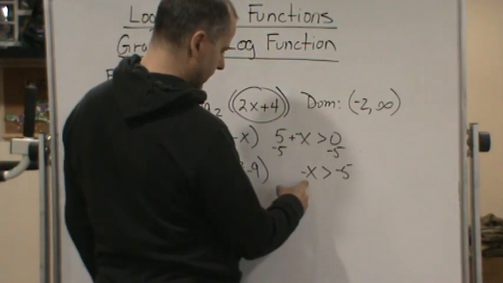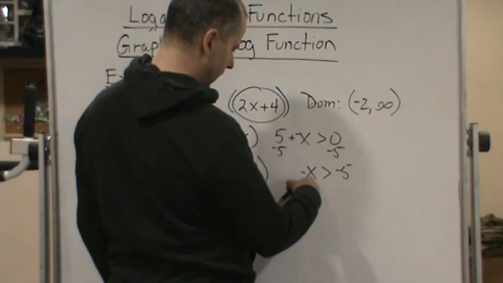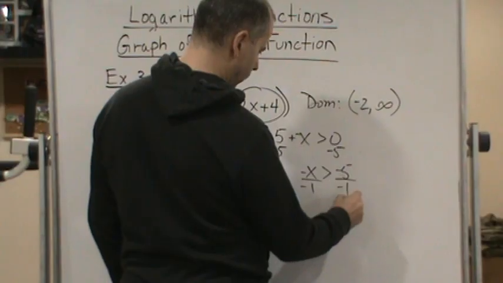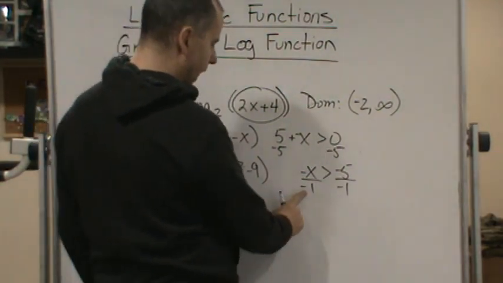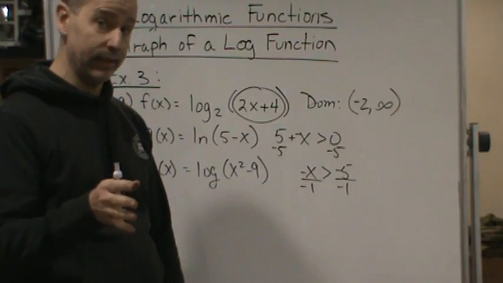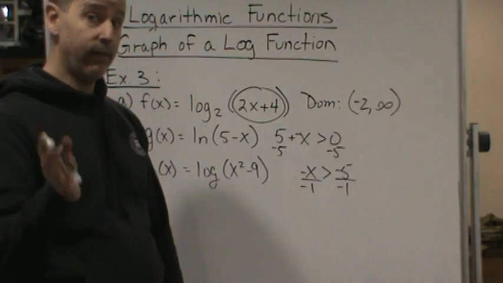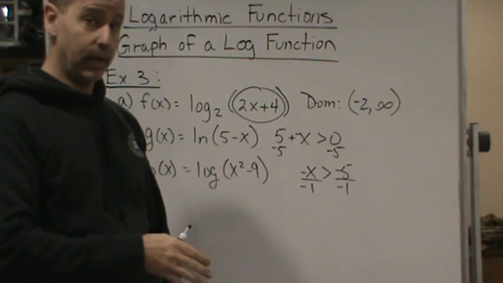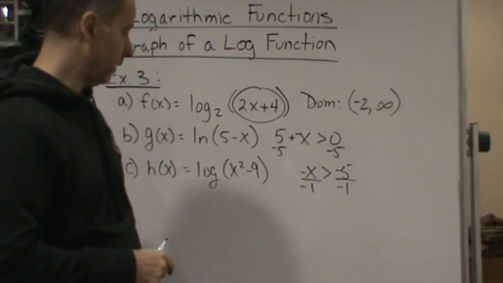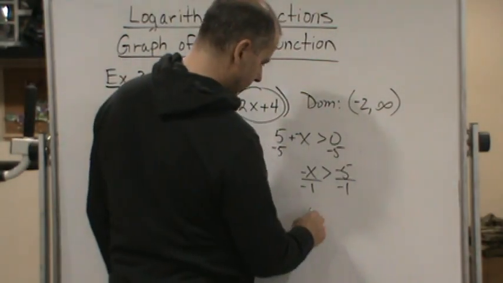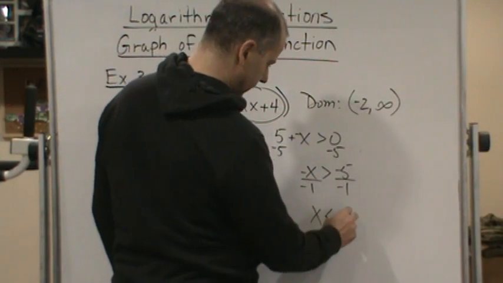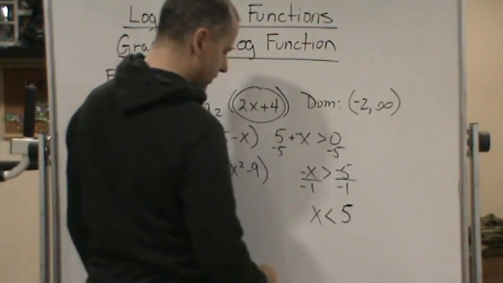Now in this case I'm going to divide both sides by negative 1, but anytime you're dealing with inequalities, whenever you divide or multiply both sides by a negative number, you must flip the inequality. So if I do that, then this becomes x is less than 5. And that is the domain.